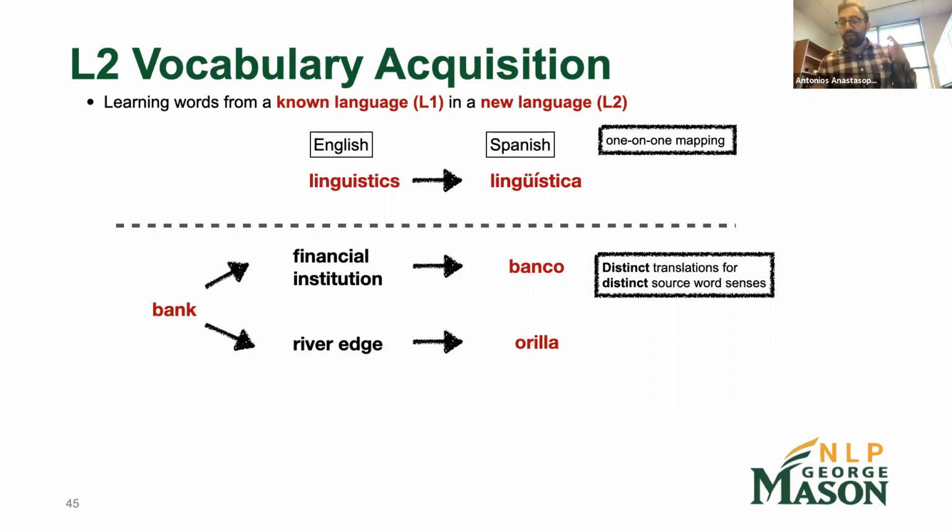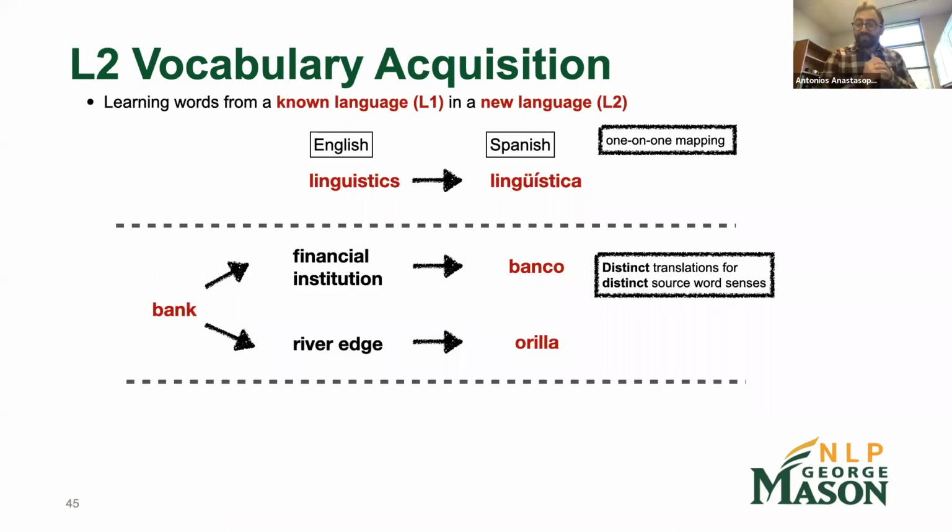Native English speakers have no problem with the first ones, and for the second one, you can inherently understand when you're referring to a financial institution and when you're referring to the river's edge. So you can learn that mapping just by studying. But then there's another type of mapping.